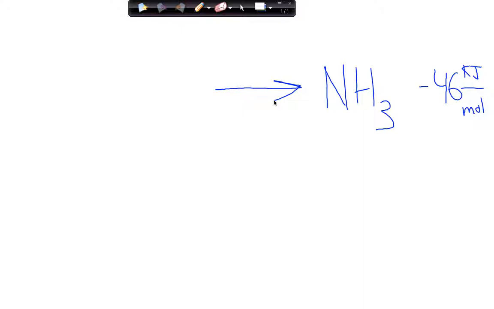Formed from what? Component elements. And guys, those component elements are H2 and N2. So when this forms from hydrogen and nitrogen, we end up with NH3 forming. Now guys, we don't have to worry about balancing the equations. But what we know is this.